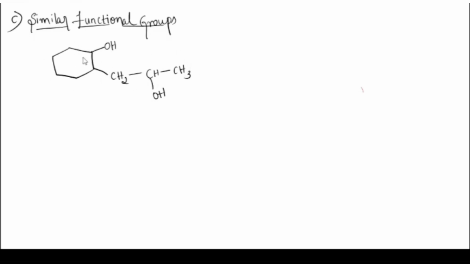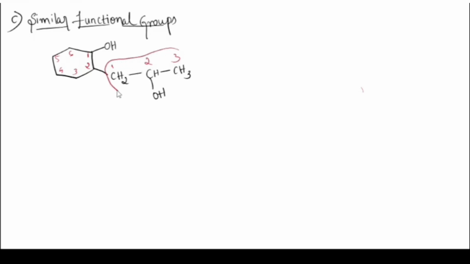Here you can observe that the ring contains 6 carbons and over here it contains only 3 carbons. That's why we have to name this particular ring as the parent chain and this one as the side chain. That's why I have to start numbering from the hydroxy functional group: 1, 2, 3, 4, 5, 6. And for this particular one, if I want to give numbers, I have to start from 1, 2, 3.